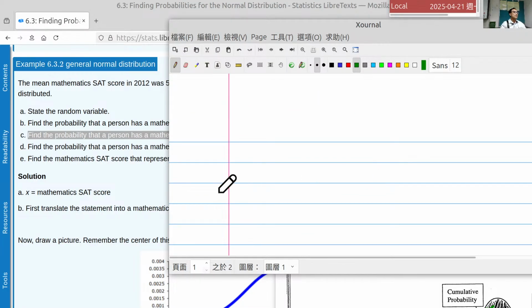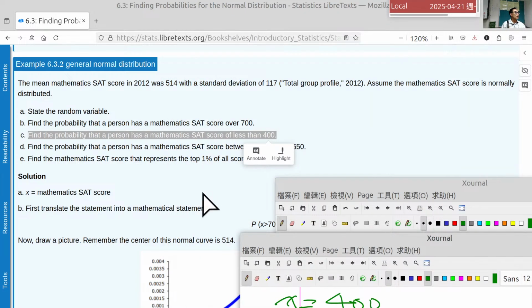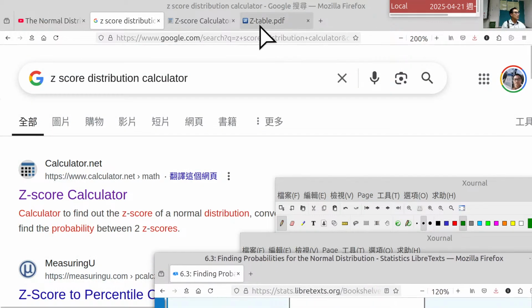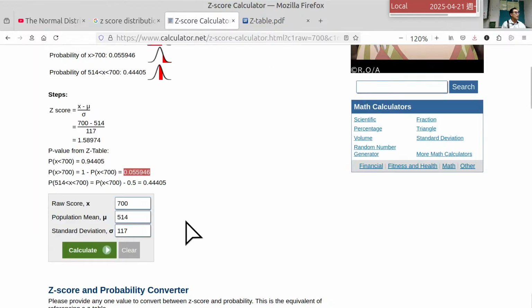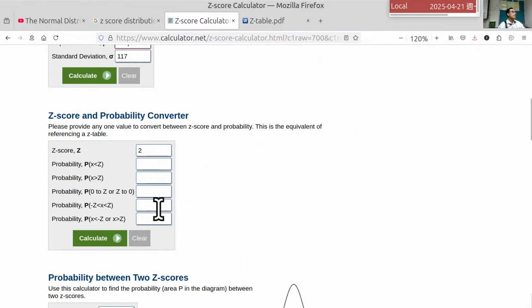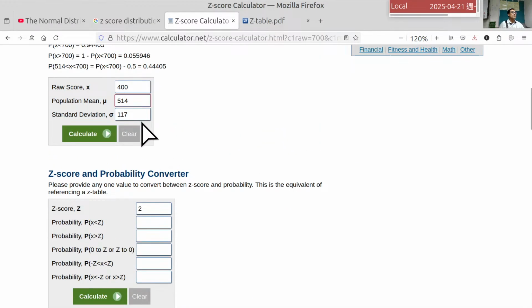I say again, we need to transfer the 400, x equals 400. This time we need the score. 400, the same mean 514 and the same standard deviation 117, and click calculate.